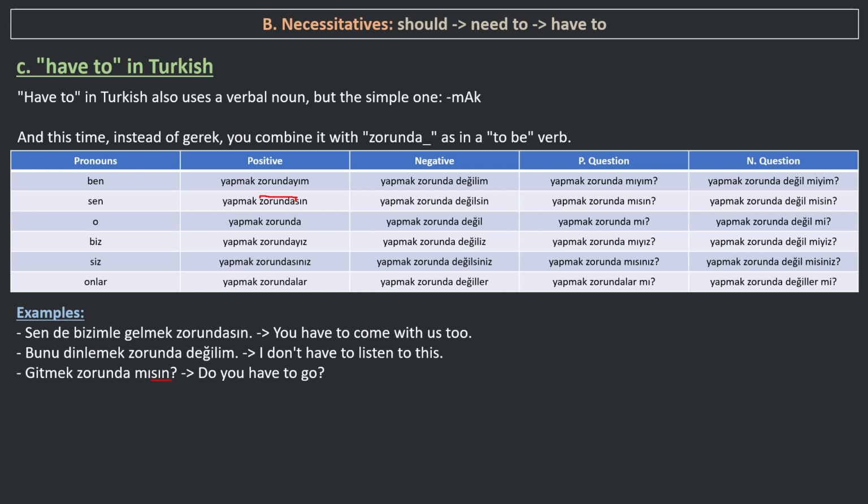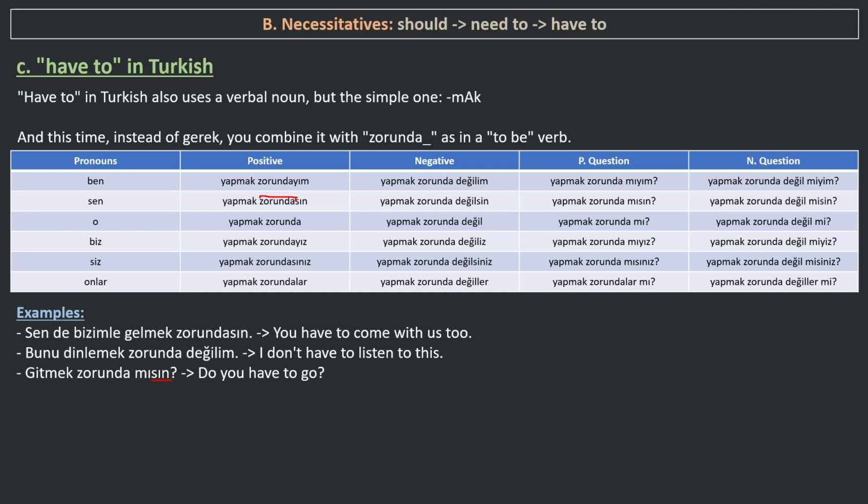Her hafta çamaşır yıkamak zorundayım. Zorundayım. There's the yım ending. So I have to do. I have to do what? I have to çamaşır yıkamak. Çamaşır is the laundry.